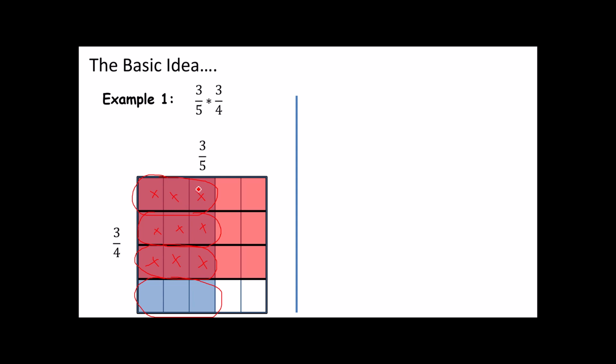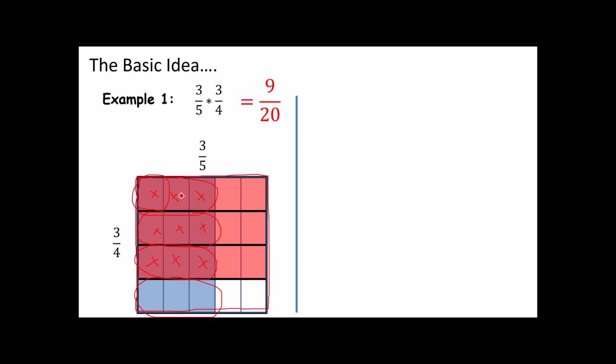But our final answer should always be in relation to the size of the pieces and the number of them that's needed to make a whole. So when I look at these 9 pieces, these 9 pieces are all 20ths. The reason for that is because it takes 20 of them to make a whole.